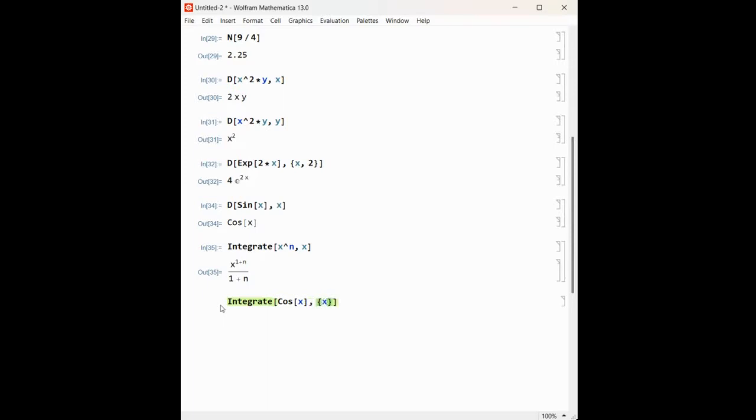You put x, which is a variable, and then say we want to integrate from 0 to pi upon 2. Now see Pi here, and I use capital Pi. So if we integrate this, what will it give us? It gives us 1. Okay. So both complex integrals, you put it here, it will give you. So that is that.